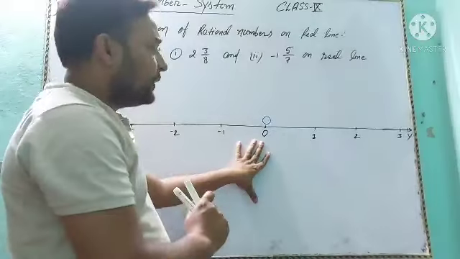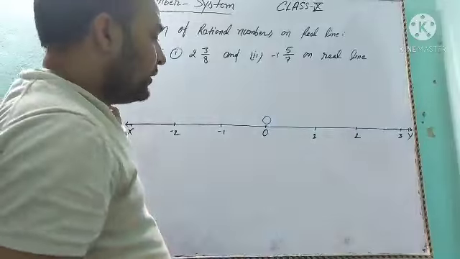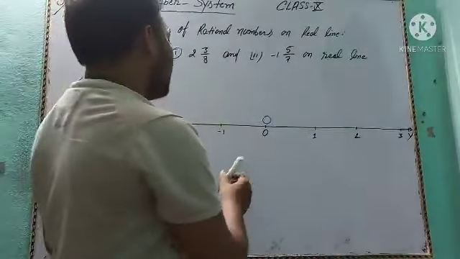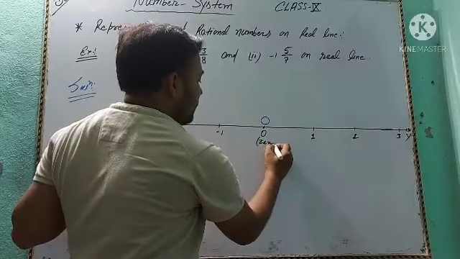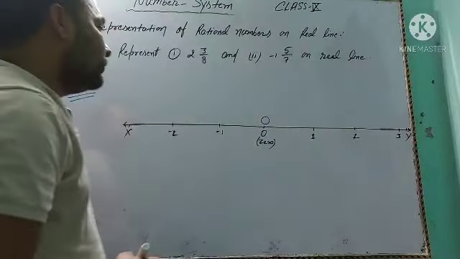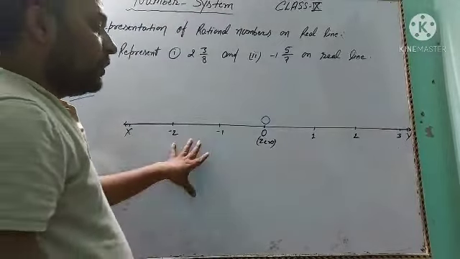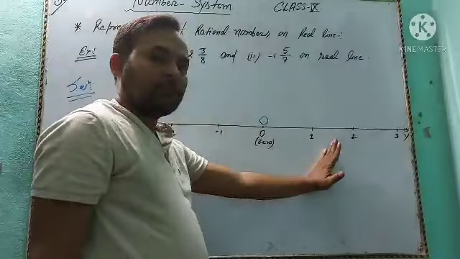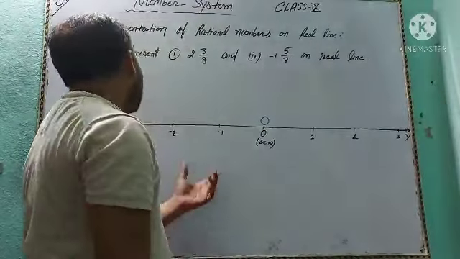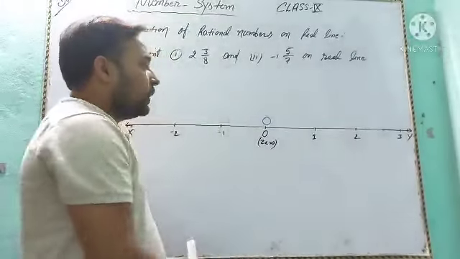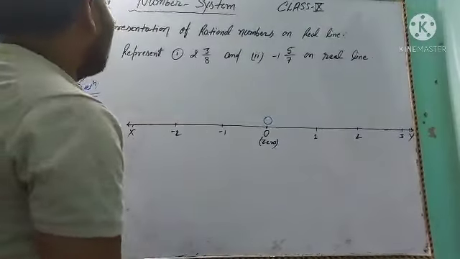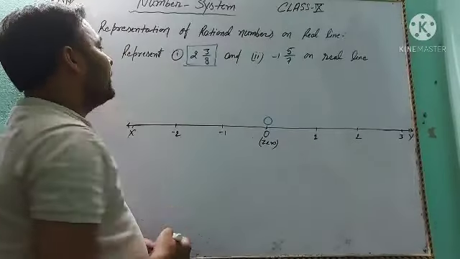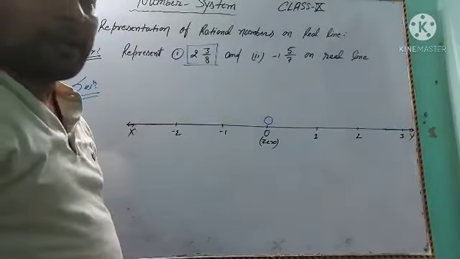Take a point O on it and let it represent 0. Taking a fixed length, the right side of 0 is the positive integers and the left side of 0 is the negative integers. First of all, we represent 2 upon 3 by 8 on this real line.